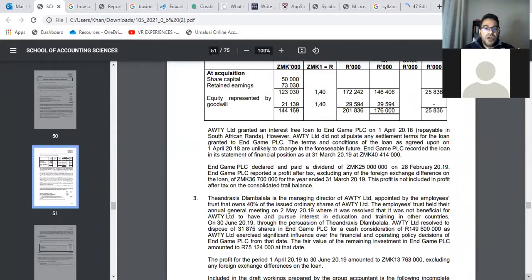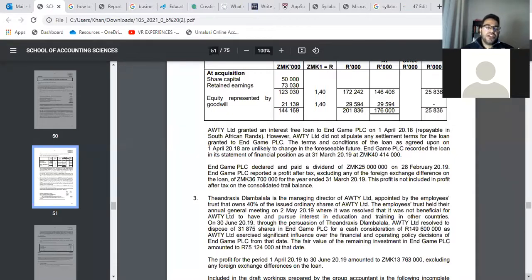Endgame recorded the loan in its statement of financial position as at 31 March 2019 at 40 million ZMK, whatever that is. So just take note, it's an interest-free loan and there's no repayable amount.